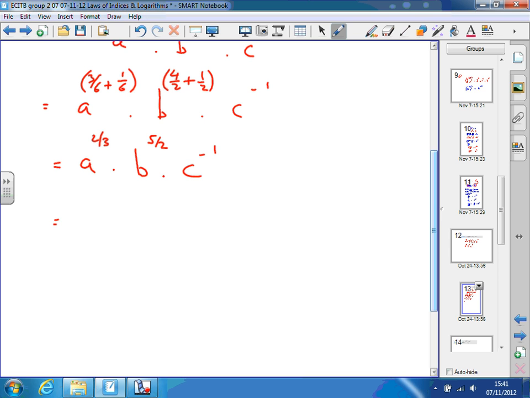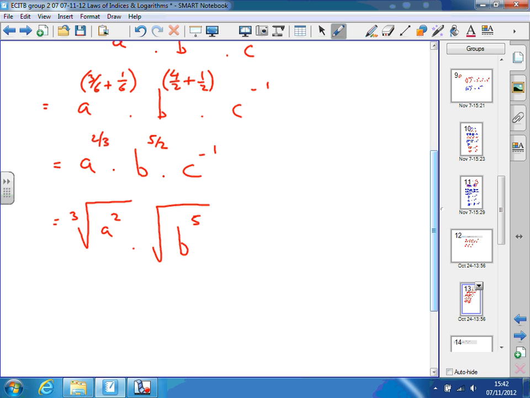The 3 underneath in the a to the 2/3 becomes the cube root of a squared, so I can rewrite this as the cube root of a squared. How can I rewrite the b? Right, the square root of b to the 5. I wouldn't need to put the 2 in, because the square root means it's 2.